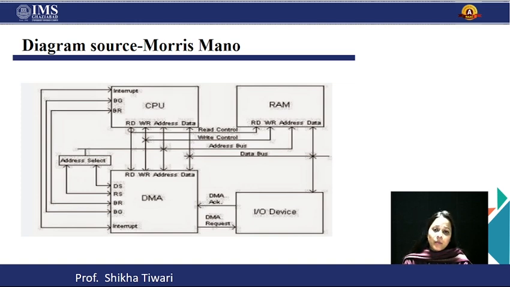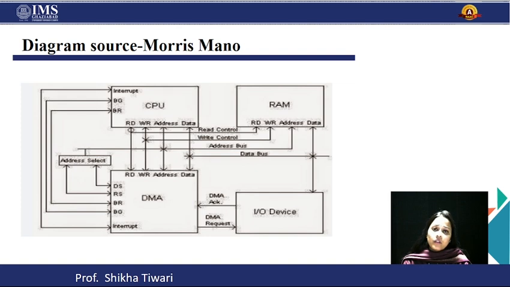DMA is direct memory access, and then after the CPU receives the bus request, the bus will be granted to the DMA. Then an address is selected by the CPU that from here to here the data transfer will be done. That is the word count, what we have also discussed in the previous slides.